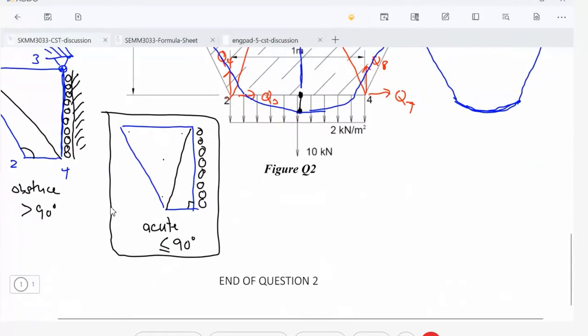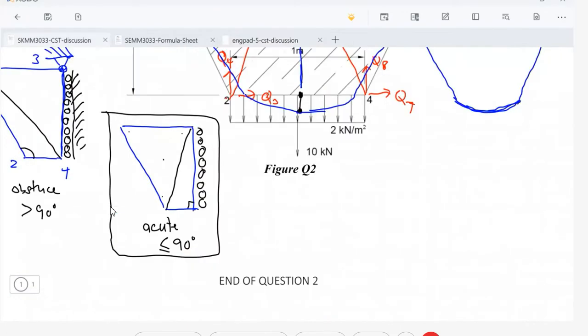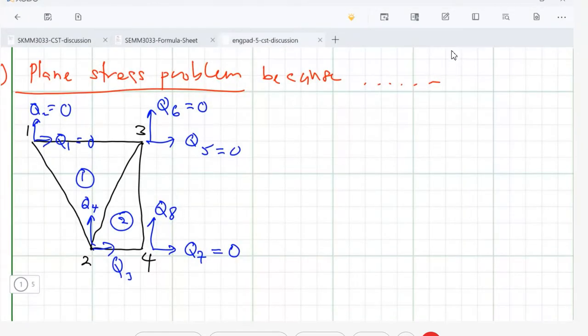Okay, it is supported by a roller, but can it move horizontally? No. So in this case we know that Q7 is 0. How about Q8? Can this point move upward and downward? Yes. So Q8 is another one of our unknown degrees of freedom.